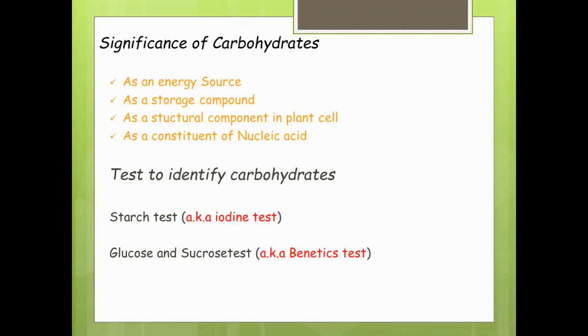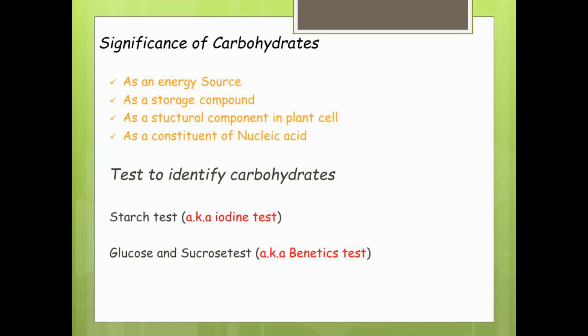Let's see the significance of carbohydrates. They can be used as an energy source. Energy source means the main source to obtain energy for the activities of organisms is carbohydrate. So the monosaccharide, meaning glucose, produced due to the hydrolysis of those compounds releases energy.